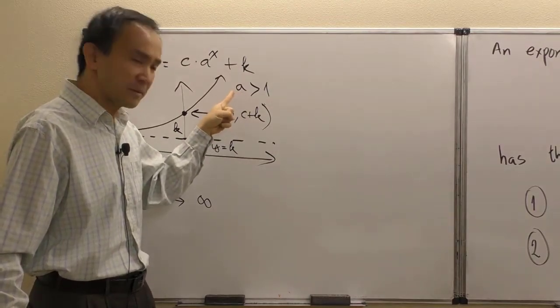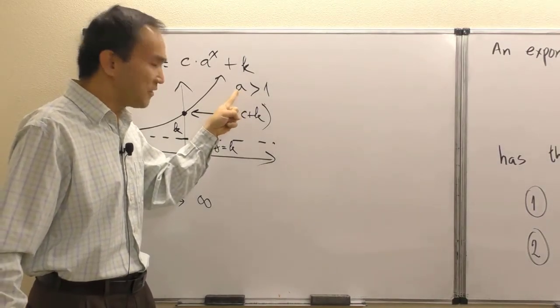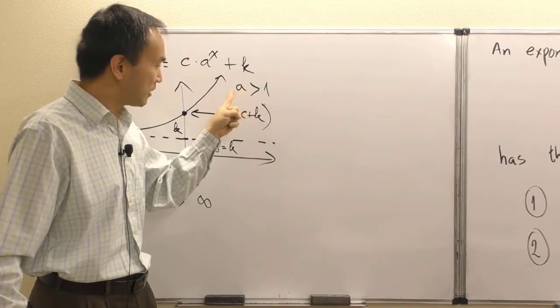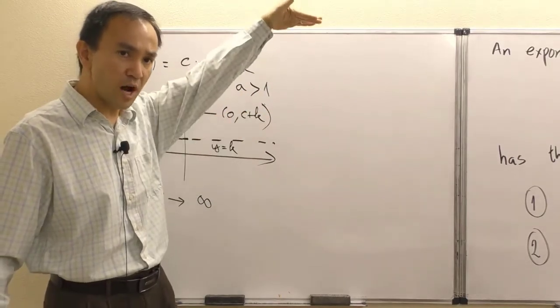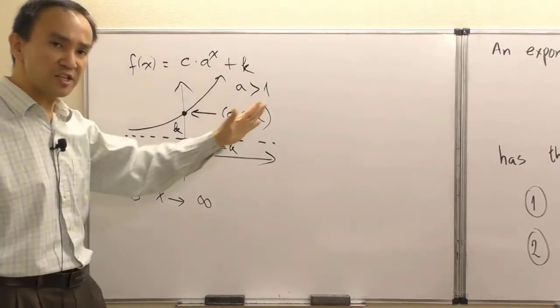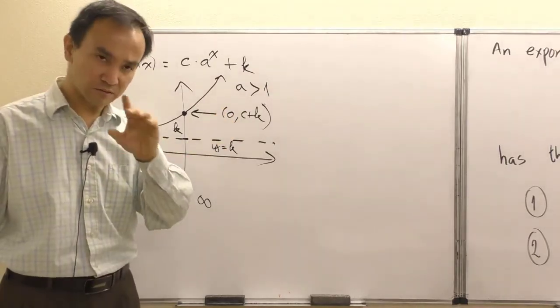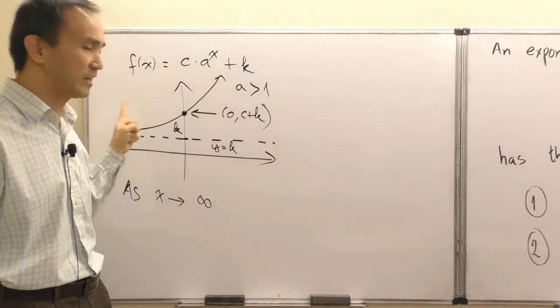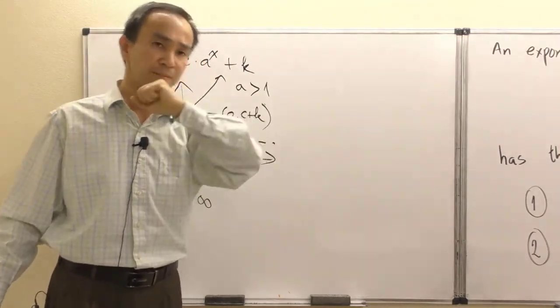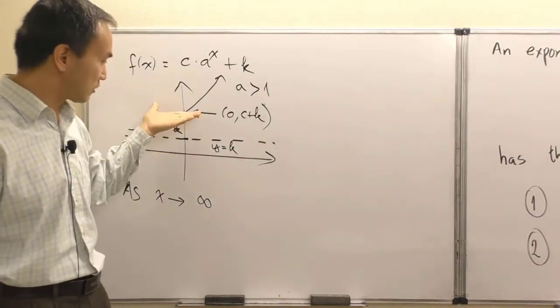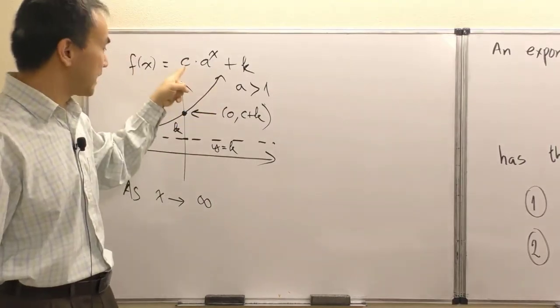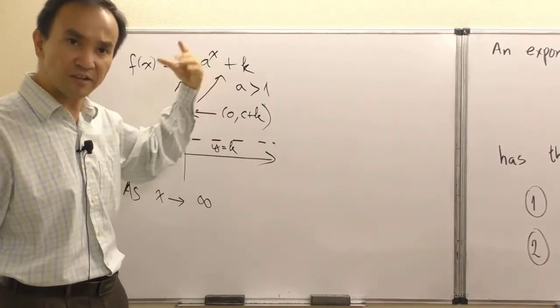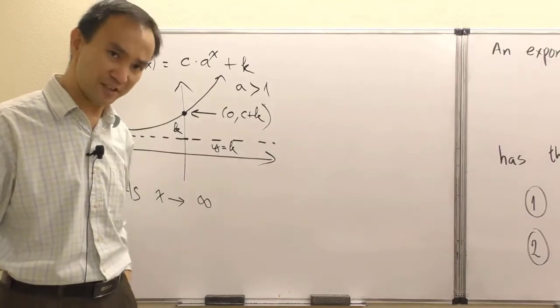Depending on the value of a being either greater than 1 or less than 1, the end behavior will change: one end goes to the asymptote, and the other end grows to infinity. Or it also grows to negative infinity depending on the c value. In case we have a negative c, then it flips upside down.